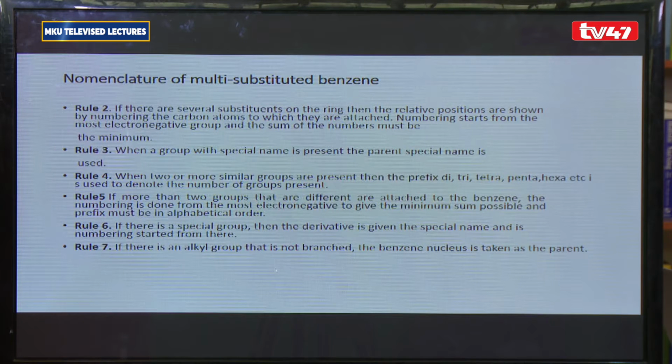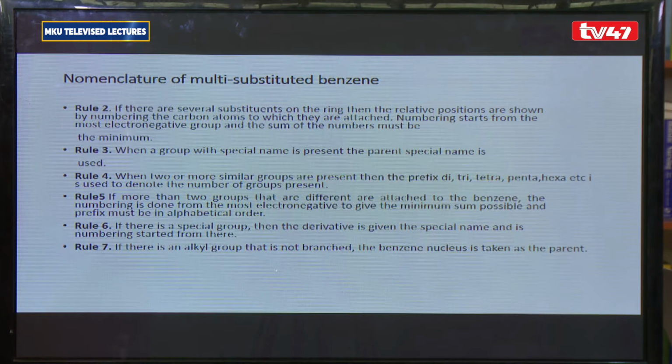Generally, the more electron donating substituent is usually given preference. For example, if you have an amino group, it will be given preference over a nitro group because the amino group is more electron donating to the ring. Again, if you have a methyl group, it will be given preference over a nitro group.